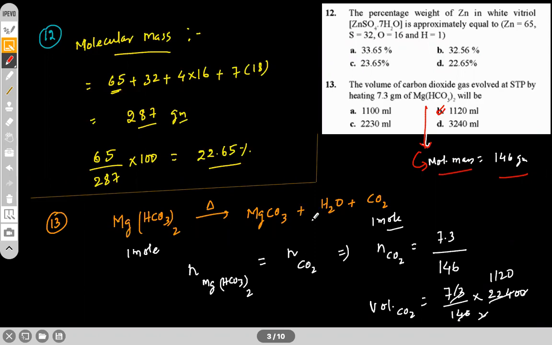This is the prior information you should have to solve this kind of question, correct? In this question, the reaction is already balanced, so you don't have to balance it. If it is not balanced, then we'll balance the reaction first, find the molar ratio, and accordingly do the question.